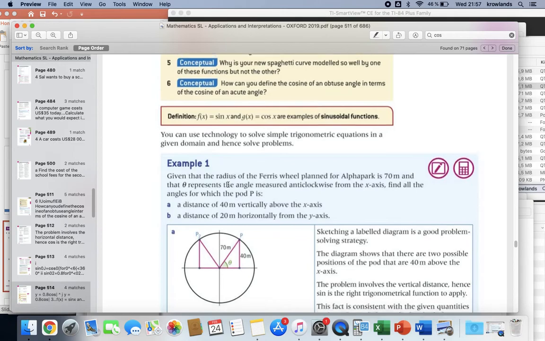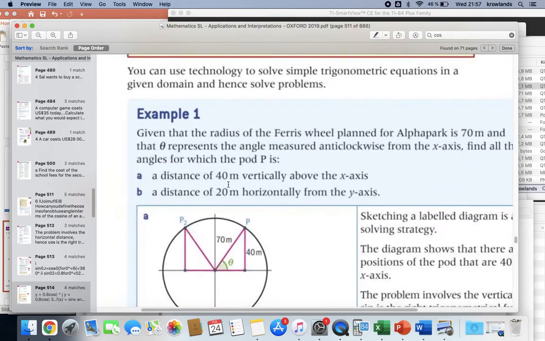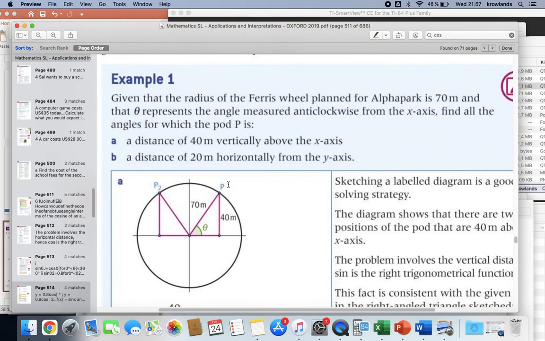The first question we're going to talk about is the following. Given that the radius of a Ferris wheel is 70 metres and that the angle represents the angle measured anti-clockwise from the x-axis, find all the angles for which the pod is a distance of 40 metres vertically above the x-axis.